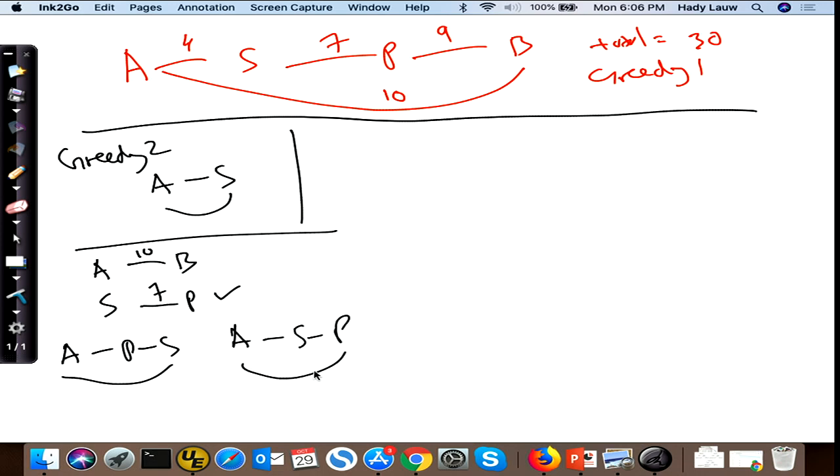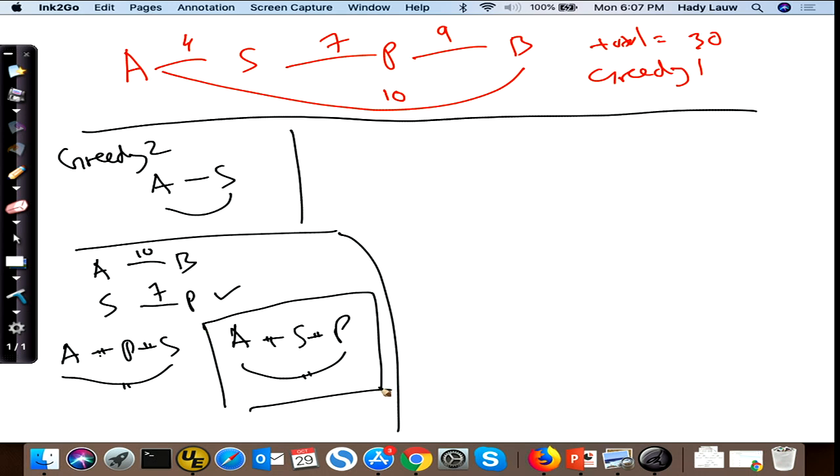It turns out that for 3 cities, when the distance is symmetric, they are actually identical, because PS and SP is the same distance, AS same distance, AP same distance. So it doesn't quite matter which one you pick, because they are essentially identical. Let's assume that we pick this one. Then we're going to expand in the next step.